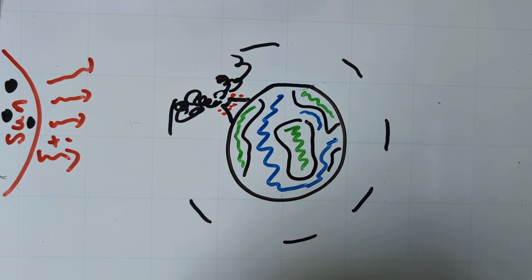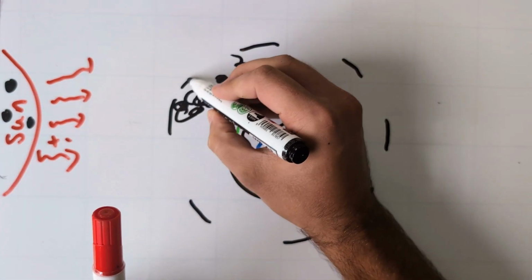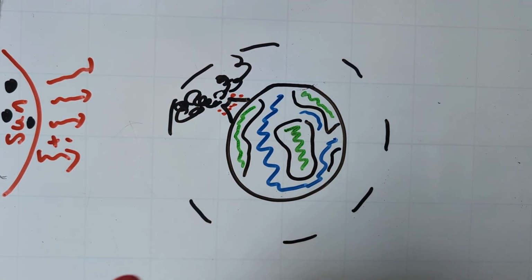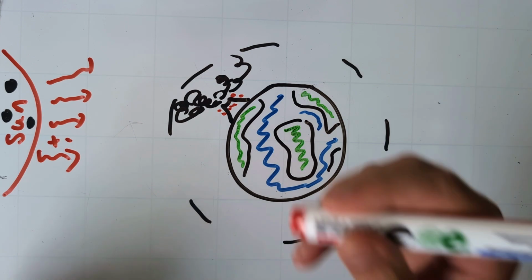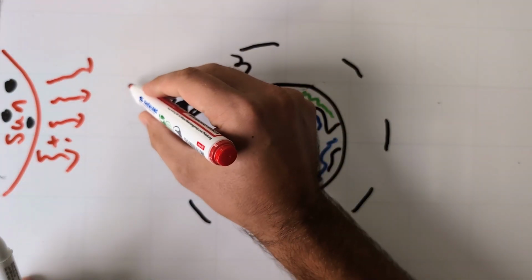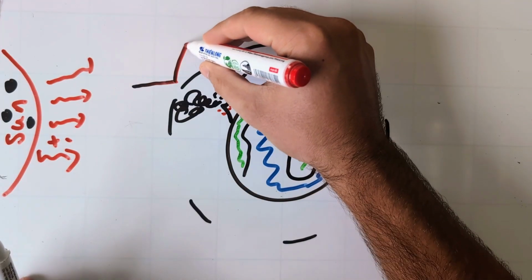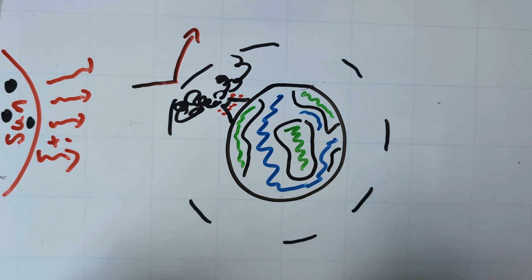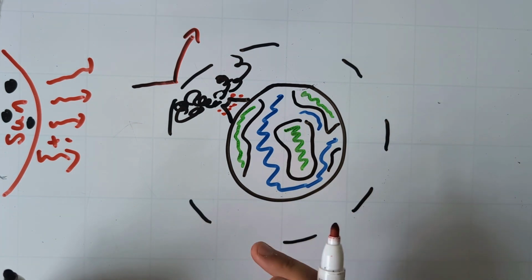Now what happens is not too dissimilar from the greenhouse effect in many ways, because some of that solar radiation will hit our ash cloud and it will be reflected. Yep, like so.